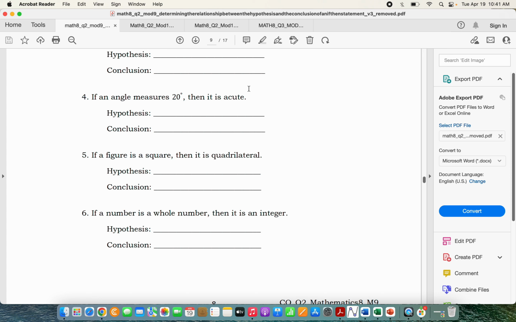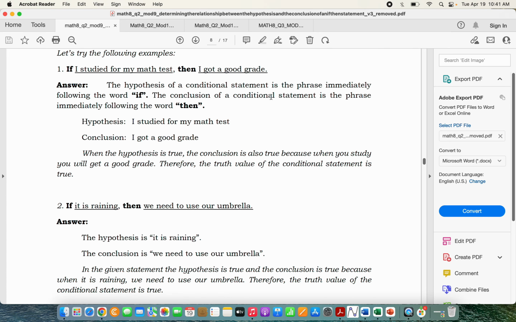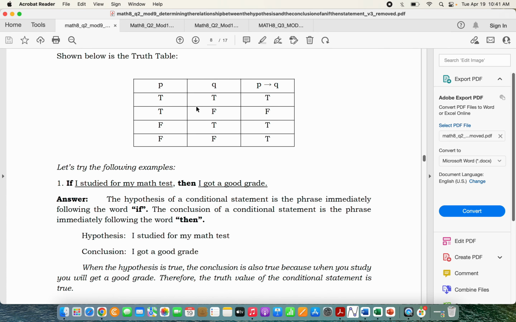So, therefore, the conclusion is false. In that case, mafo-fall siya doon sa eto. True, false, and then the truth value is false. Kasi ang conclusion natin is false. Understood?